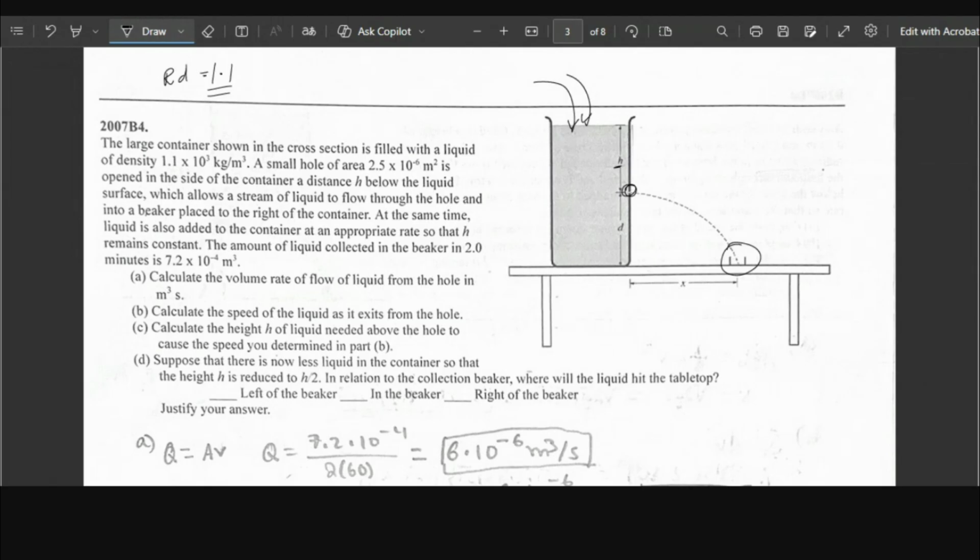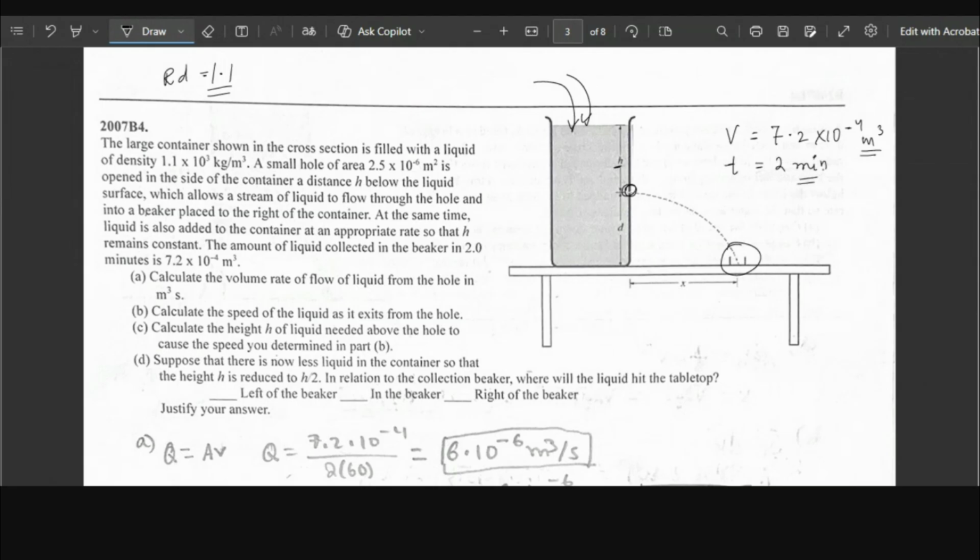The amount of liquid collected in the beaker in 2 minutes is 7.2 times 10 to the power minus 4 meter cube. You just have to look at the unit if you don't understand what is given. So we are given the volume, and it is being collected in 2 minutes, so time is also given. That is 2 minutes.